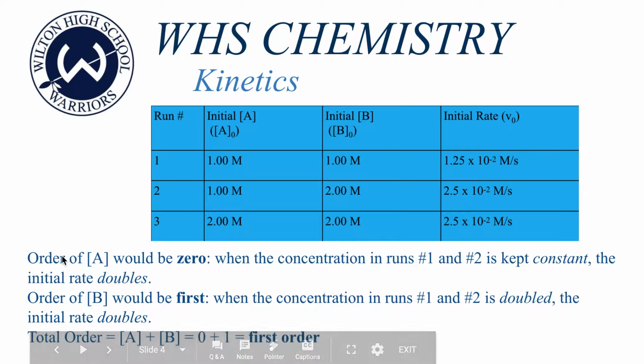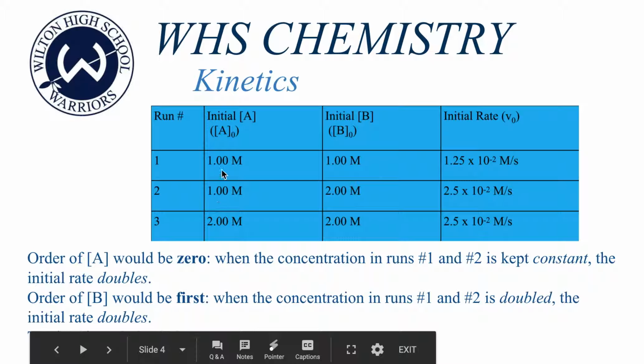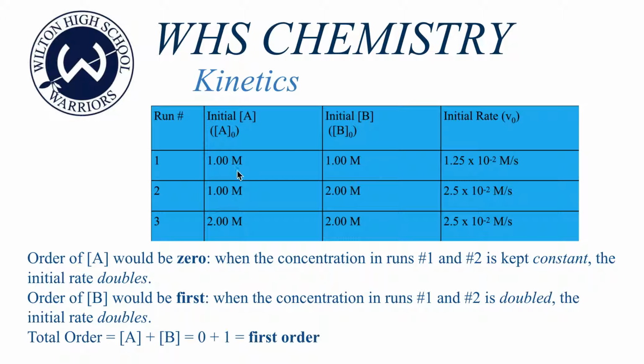The order of concentration of A would be 0. This is because in runs 1 and 2, the initial concentration of A is kept constant at 1 molar, and the initial rate changes. We know it cannot be a rate order of 1 or 2 because when the concentration is changed, the rate changes, which would make it 0.